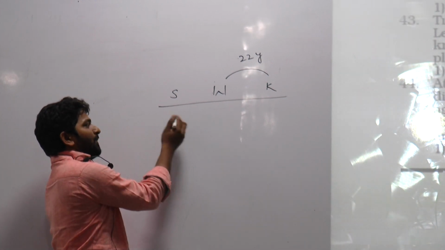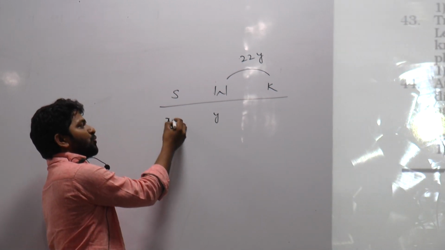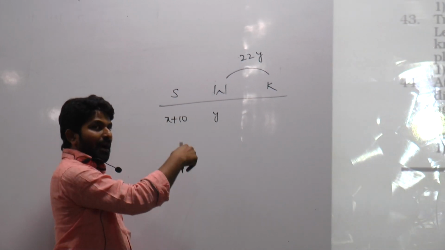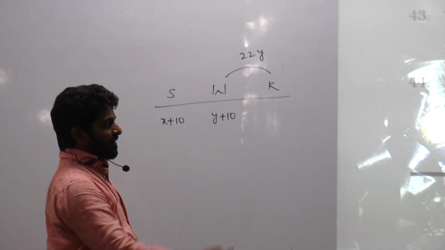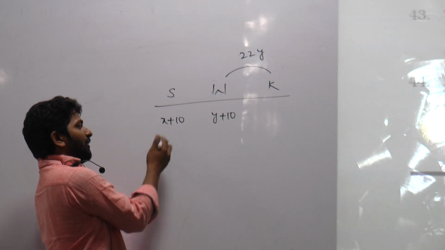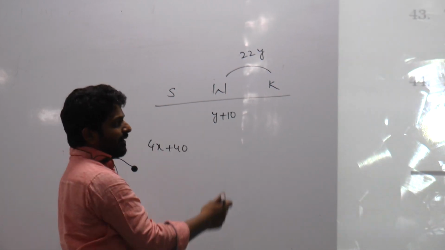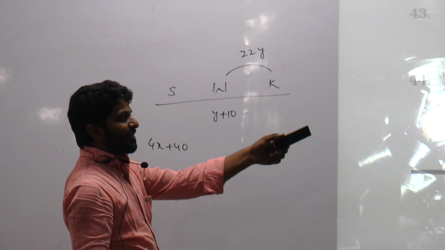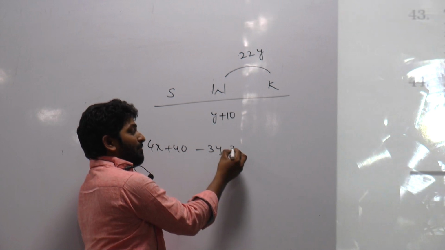Let's say this is X and then this is Y. After 10 years Sumer will be X plus 10. After 10 years Y plus 10. What is given? 4 times of this number, in the sense 4x plus 40, and Midula's age 10 years from now 3 times of this, that will be 3y minus 30.